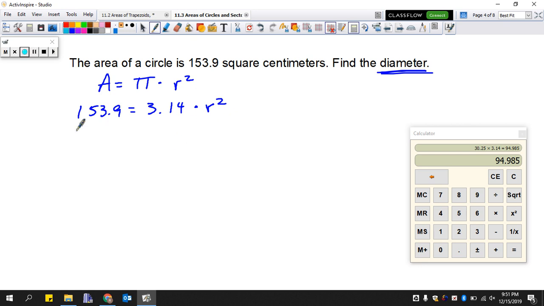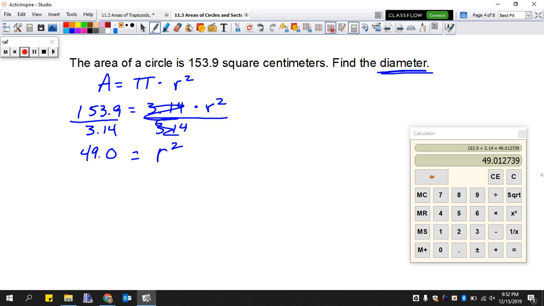This is multiplication, so we're going to divide both sides by 3.14. That cancels out. 153.9 divided by 3.14, we end up with 49.0129. So we're going to say 49.0 is equal to the radius squared.